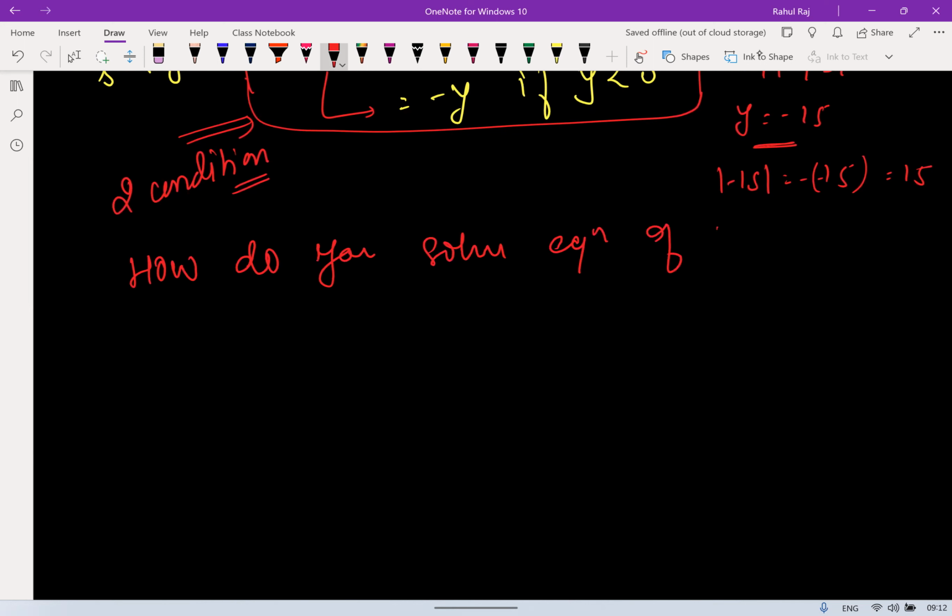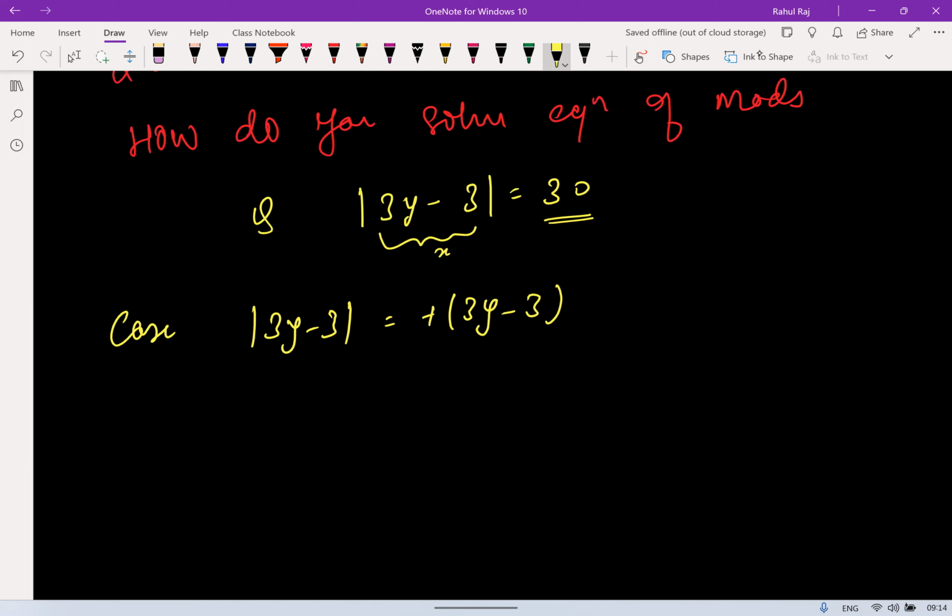Anything that is not inside mod is none of my business. So mod of x is equal to positive x if x is greater than or equal to 0. Here x is 3y minus 3. So if 3y minus 3 is greater than or equal to 0, Alexa, am I right? And so now that you have taken out 3y minus 3 as positive, you can simply solve it, saying that 3y minus 3 is equal to 30.